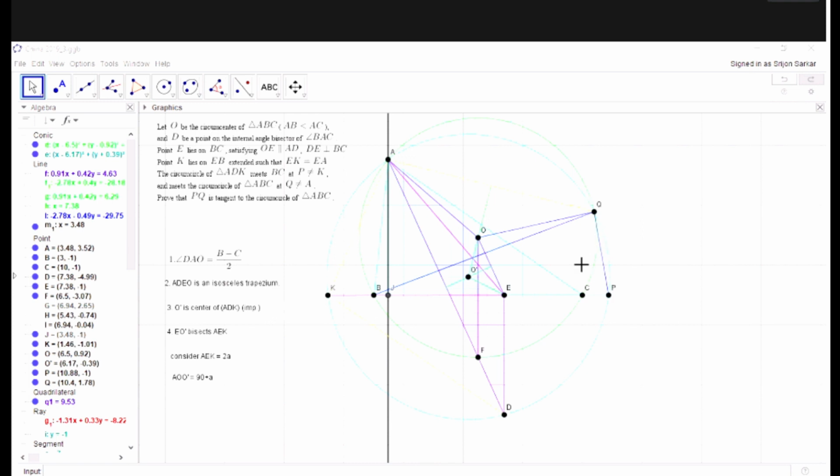So you get BAQP to be 180 minus alpha, and if you extend this line, you get that to be alpha, and from there we are able to conclude using the alternate segment theorem. Yeah, you can end the proof there. It's not necessary to write alternate segments.